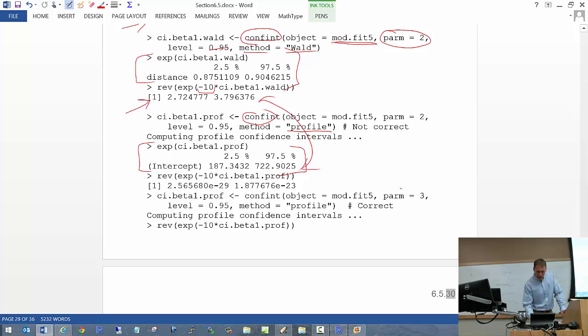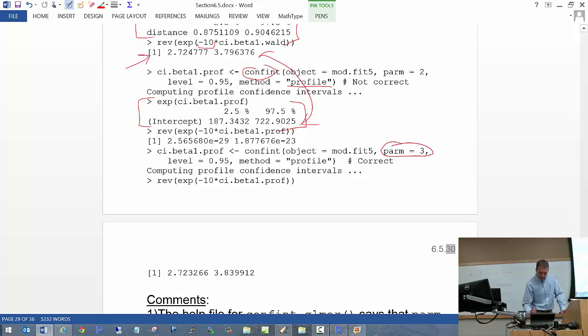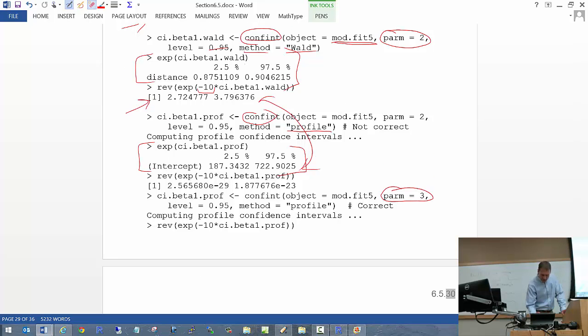If I change the parm argument to 3, oops, actually, sorry, just to make sure you're looking at the right comparison here. Sorry, I should be comparing to that one right there. Right? Yes. Okay.